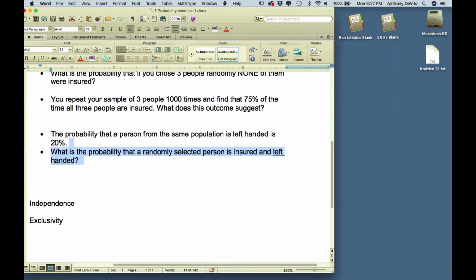Do you think there's any association between being left-handed and being insured? Probably not, right? One doesn't affect the other. So what would we expect the outcome to be here? 0.8 times 0.2. In other words, 16% of the people we would sample from this population would probably be left-handed and insured. Okay?